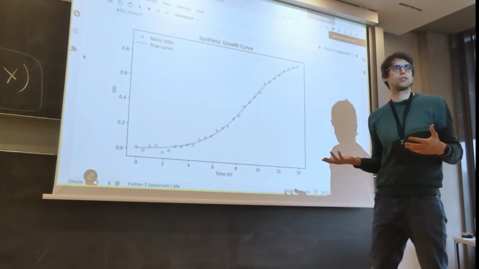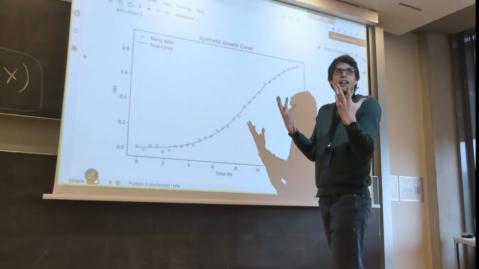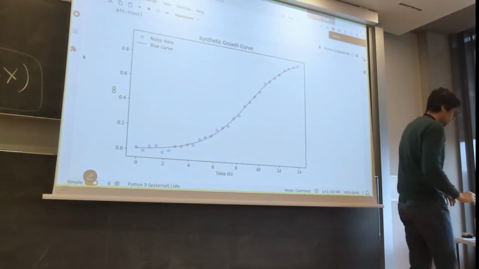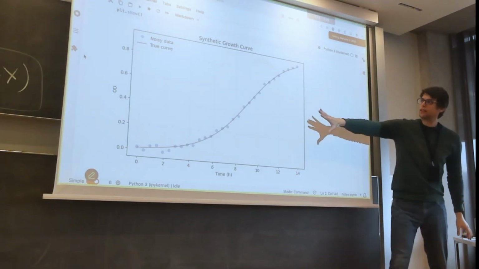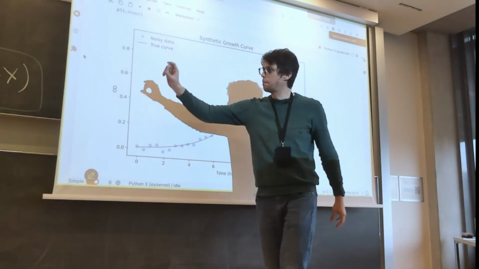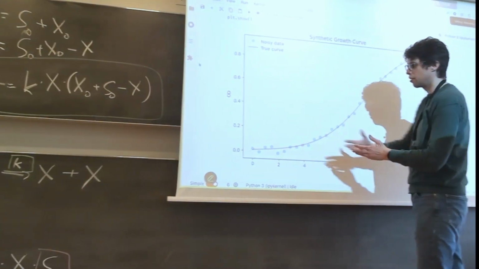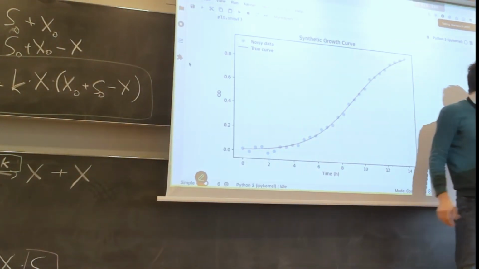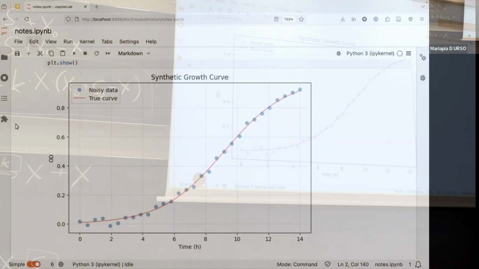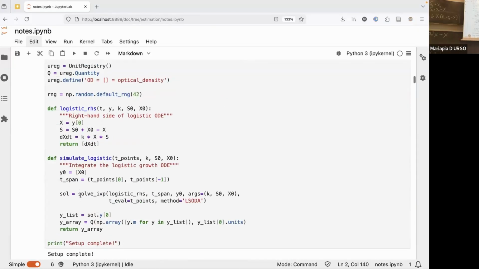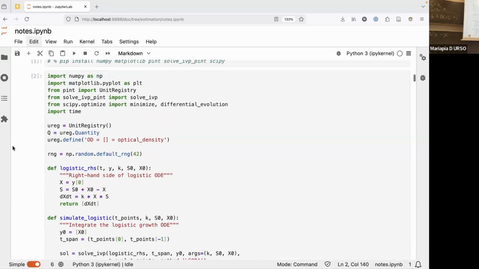Sometimes they tend to be Gaussian. But the modeling error is clearly not Gaussian. Okay, so we take these things: picking the parameters k, x0, s0, simulating them, solving the ODE, and subsampling them, and putting some noise on top of that.